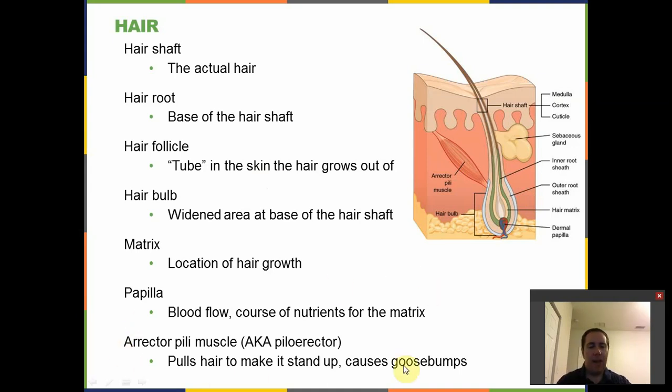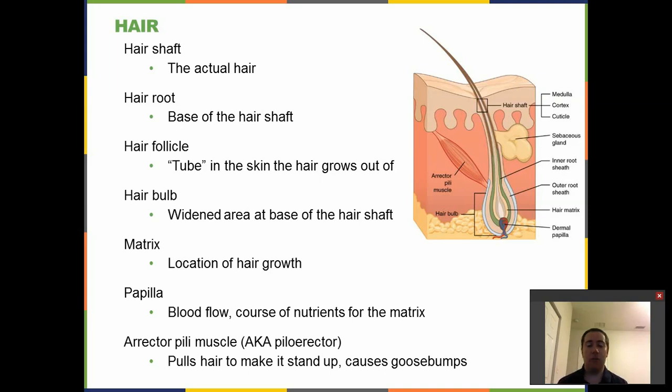And finally, we have the erector pili muscle. Another term for this is the piloerector muscle. This is muscle right here. One end is buried in the skin, in the dermis. The other end is going to attach to the hair follicle.